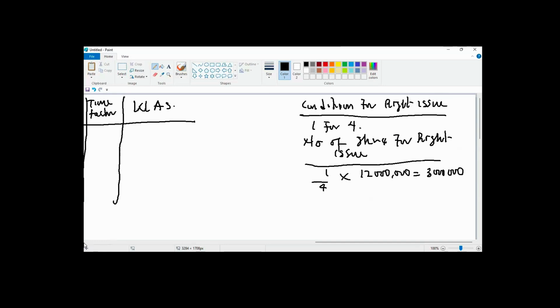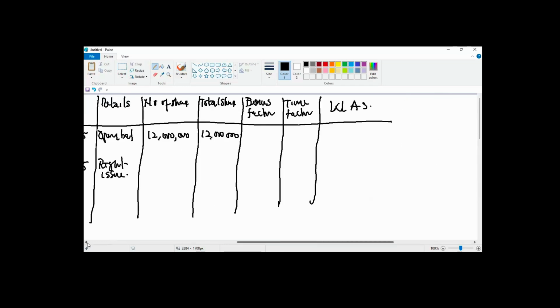So we have 3 million right issue shares. 3 million plus 12 million will give 15 million.